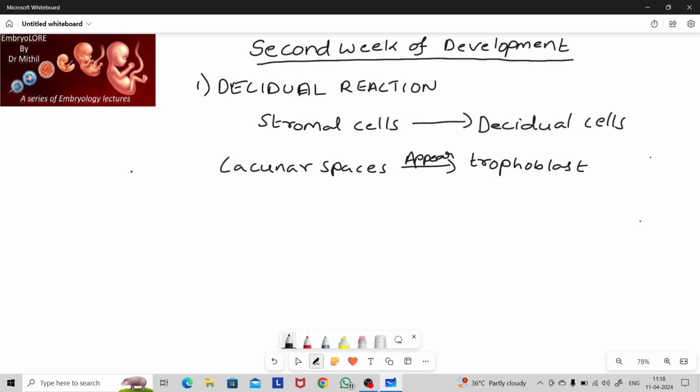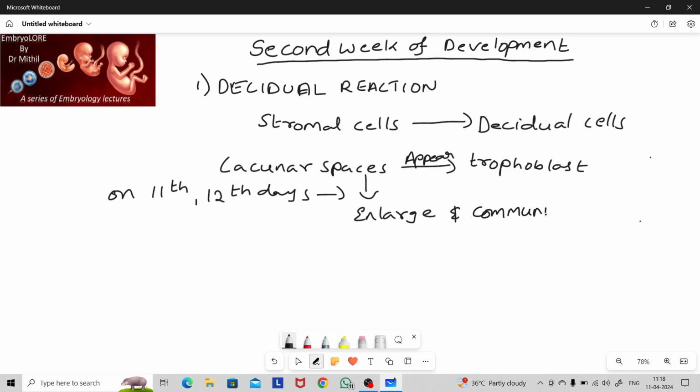Now on the 11th and 12th days, the lacunar spaces enlarge further and, most importantly, communicate with each other. Now the spaces are there, and in between the spaces the cords of syncytiotrophoblasts are called the trabeculae.